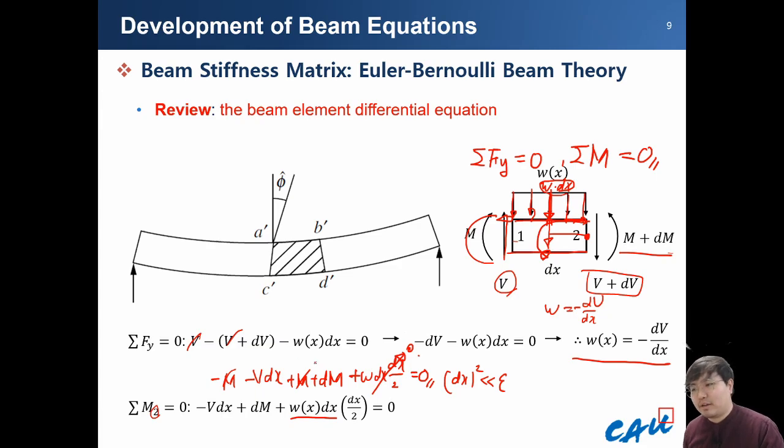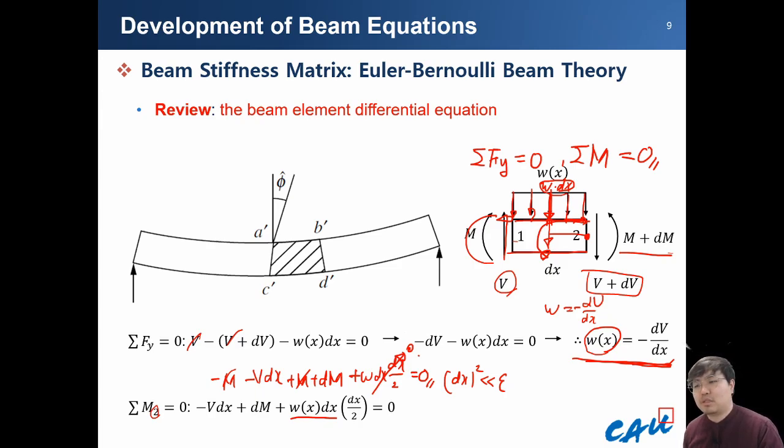Or sometimes we might neglect the distributed forces and not apply them, but this is a wrong assumption. It is because in the previous slide we said that the distributed force is equal to the change of the transverse load at the specific point.